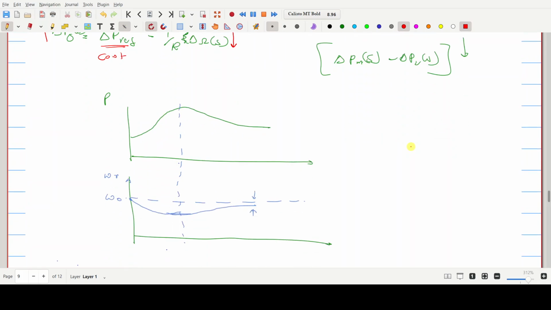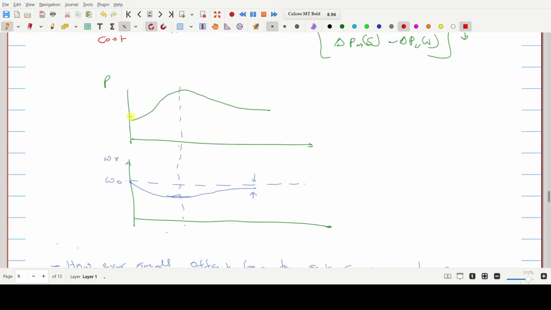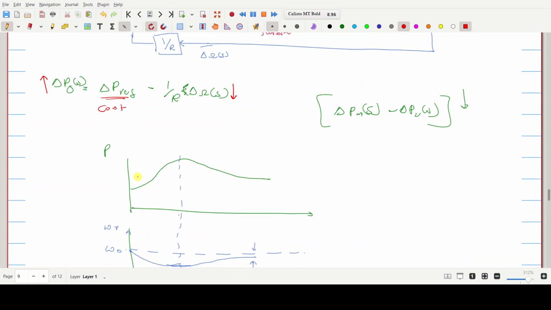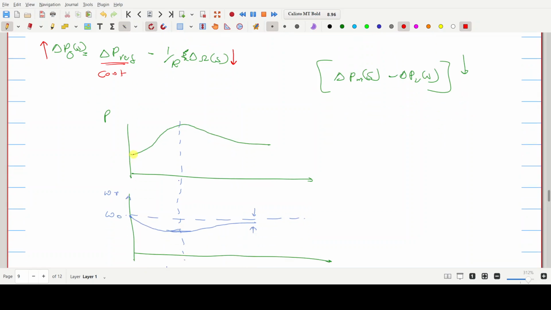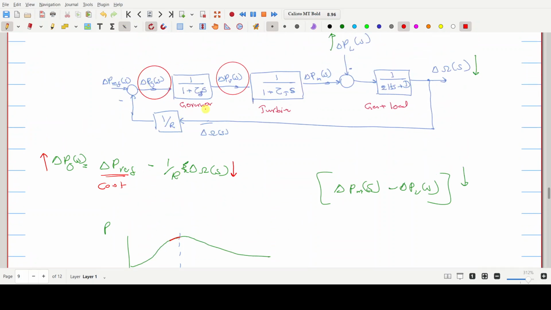Okay, so then what will happen is, when there is a change in the active power demand, if there's an increase in the active power demand, the speed of the generator, we are looking at a single generator connected to the load here, goes down, right? And then the governor mechanism kicks in, trying to compensate.